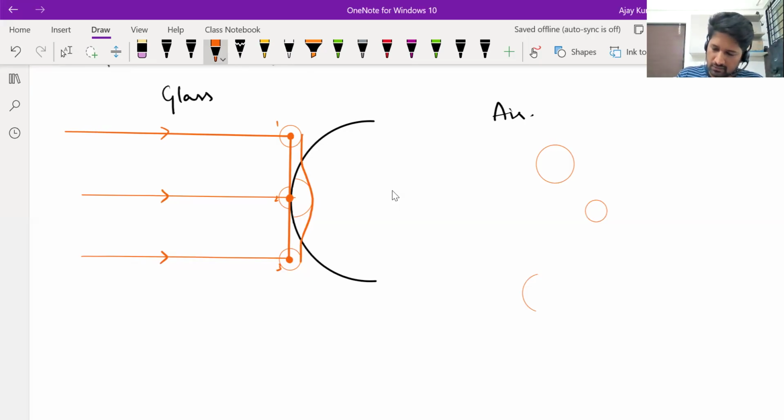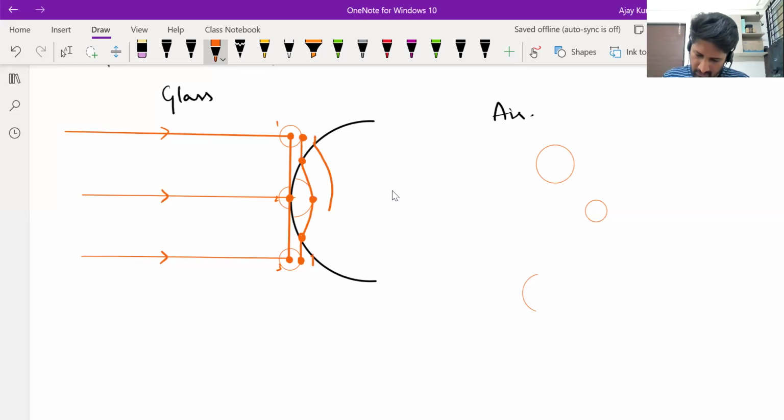Again, these three sources, this one, this one, this one. In fact, consider other sources also. Imagine them producing wavelets. A small amount of time later, the wavefront will take this shape. The flat part will be much smaller now, and the curved part will be much bigger.